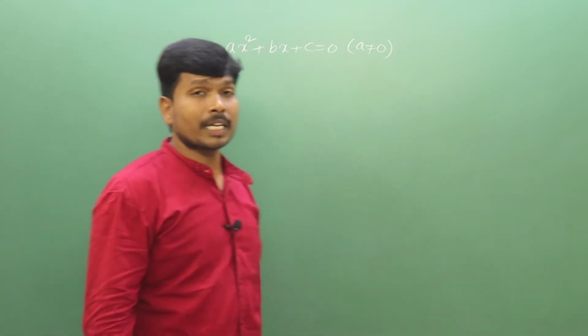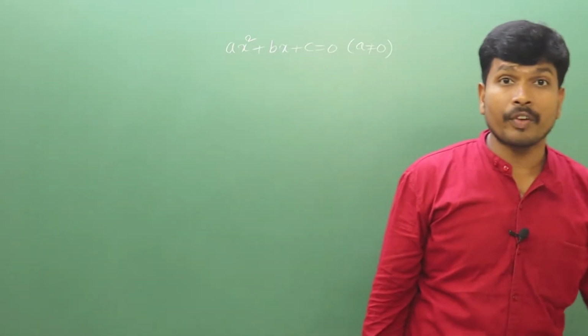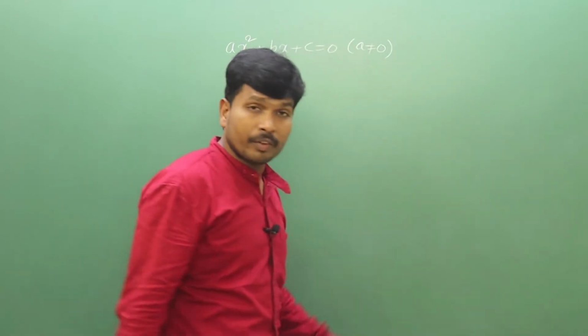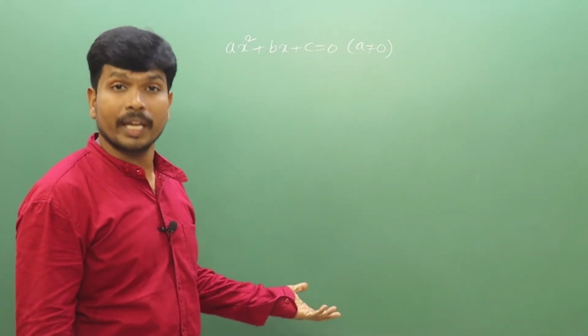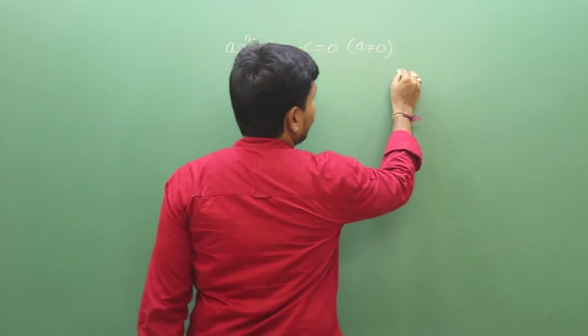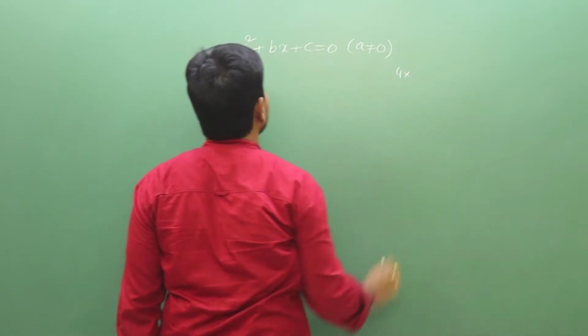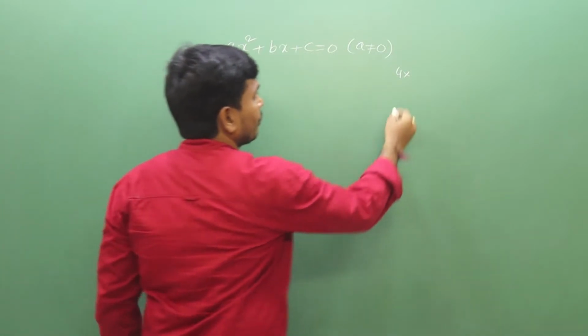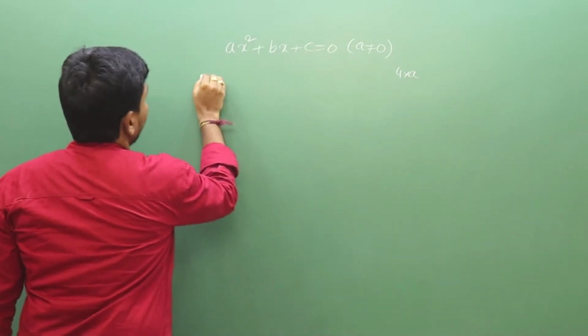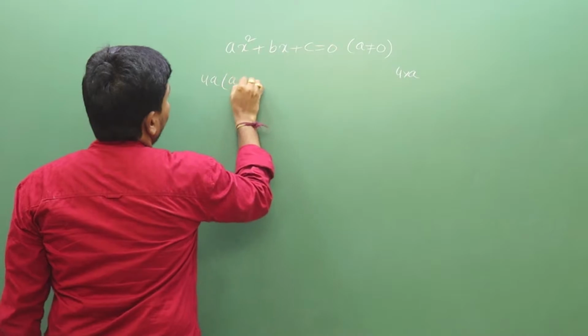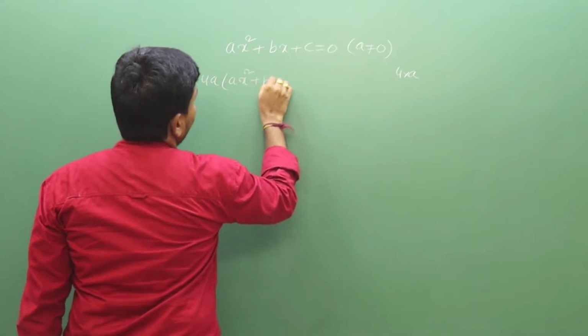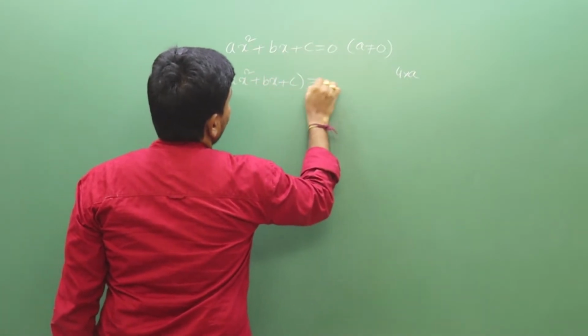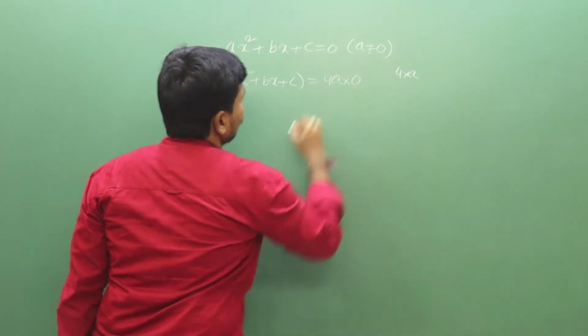ax square plus bx plus c equal to 0. Then what we have to do? The entire equation we must multiply with 4a. 4a is nothing but 4 into the x square coefficient. What is the x square coefficient? Here a only. So multiply with 4a. So 4a of ax square plus bx plus c is equal to 4a into 0.